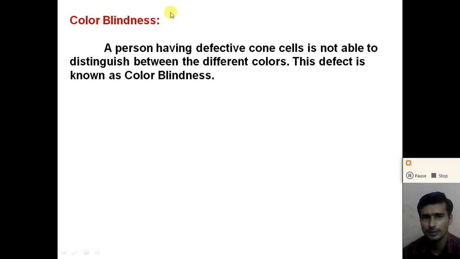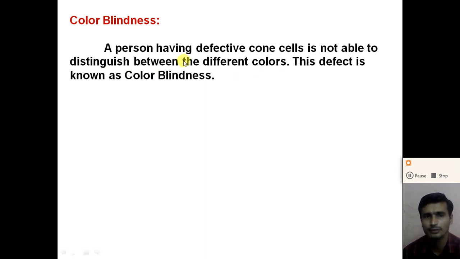So if the cone cells of the person are defective, the person is not able to distinguish between different colors.